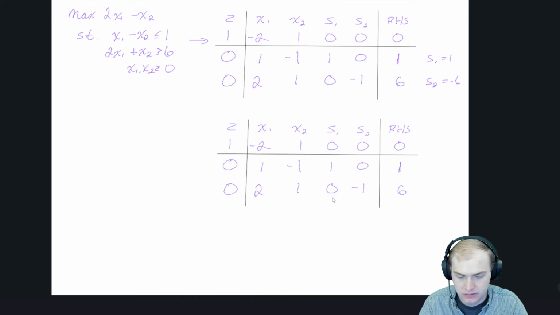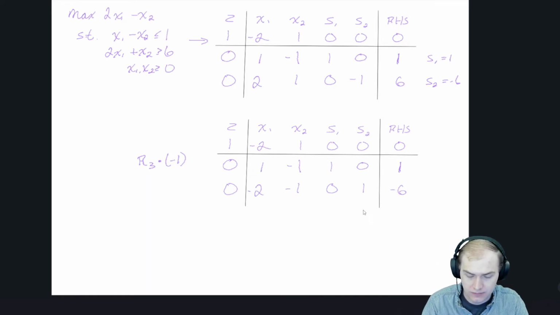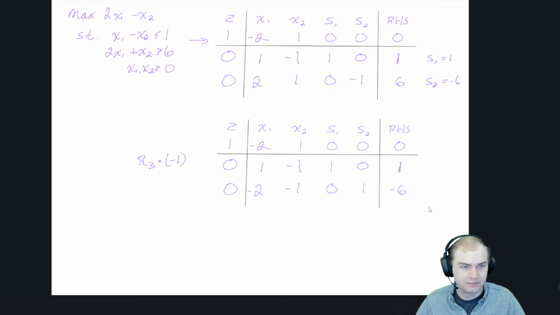And all we have to do is row 3 times negative 1, which negates all of these. And we have our negative 6, which is what we determined the solution was up here. Now we're in canonical form. Now we can do a simplex iteration without worrying.